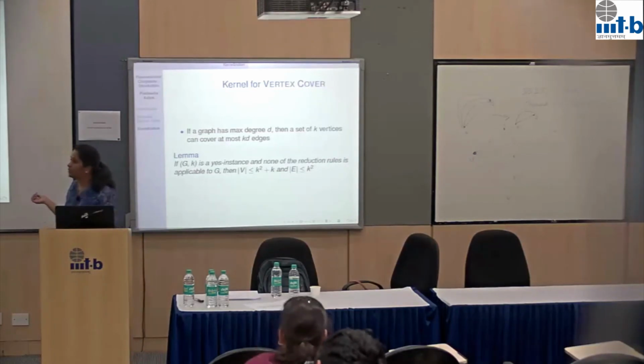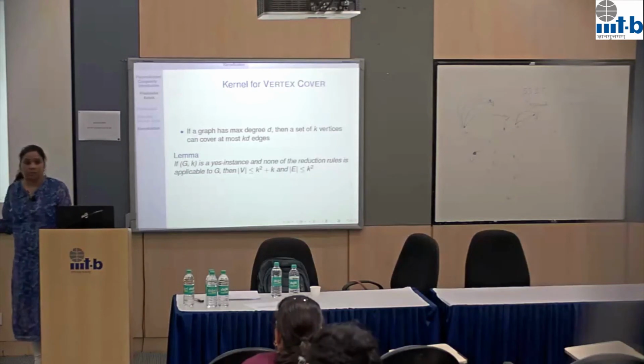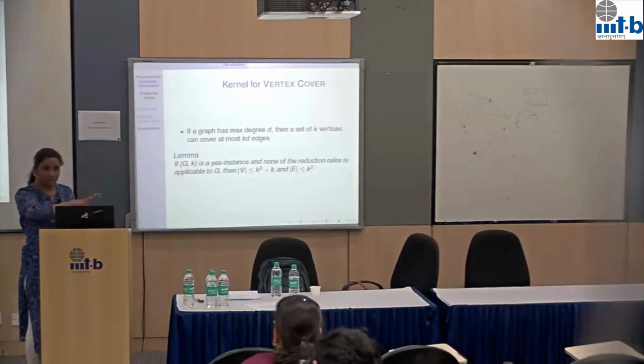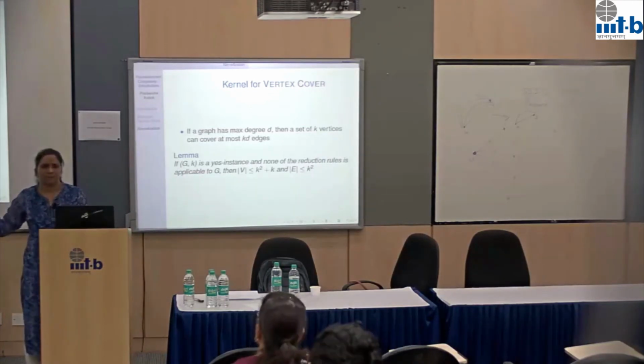What happens if the number of edges is more than k square? You can directly say no, right? You have proved that if there is a vertex cover of size k, then this is the size. If after reduction you get an instance which is greater than this, you directly say no.